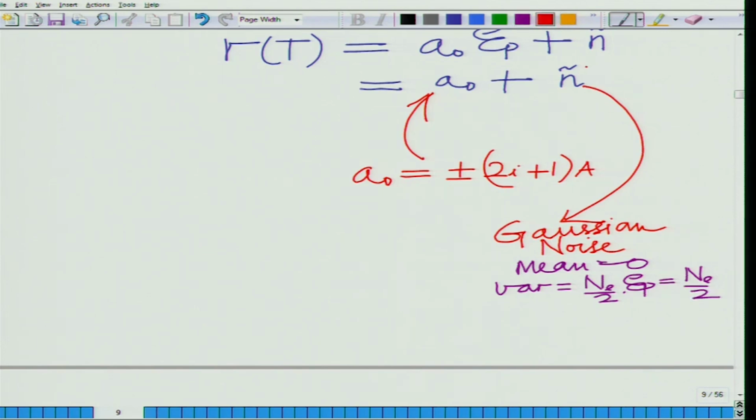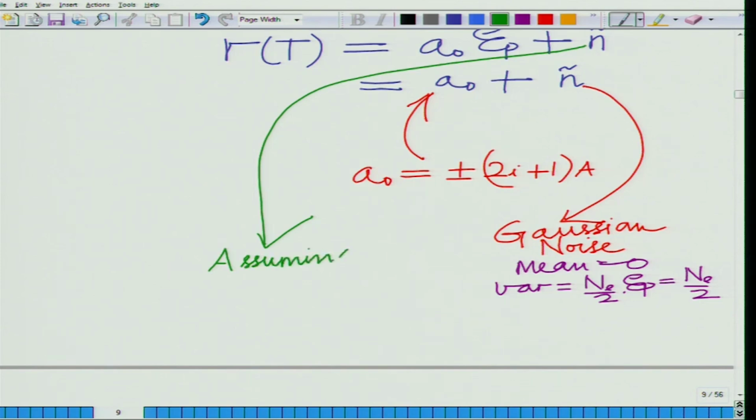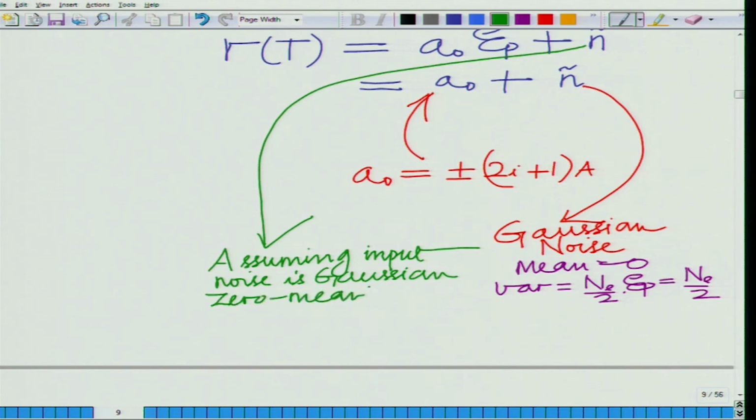Of course, we are assuming that the input noise process is Gaussian, wide sense stationary, zero mean. When a Gaussian noise process is wide sense stationary, it automatically means it is strict sense stationary also, as we have seen.